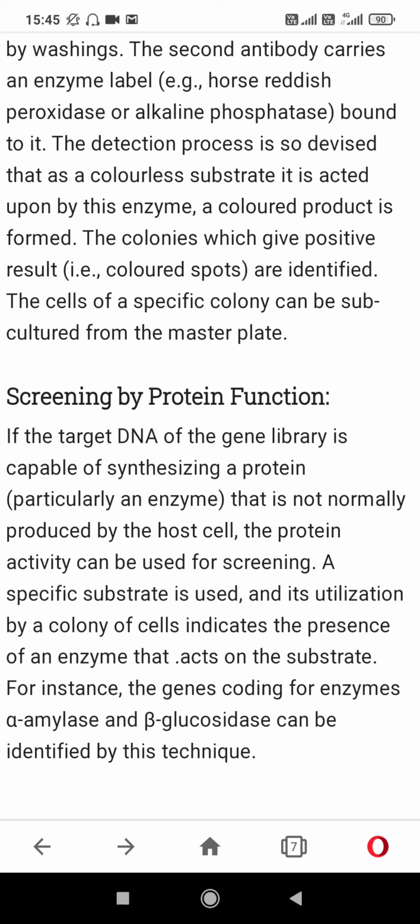This is the full form of X-Gal, and when it is added to the colony, if beta galactosidase is present, it will react with that X-Gal and form a blue colored product, and that will indicate that this enzyme is active. That also indicates that the gene responsible for the formation of the enzyme is there, and in that way we can go for screening by looking at the protein function.